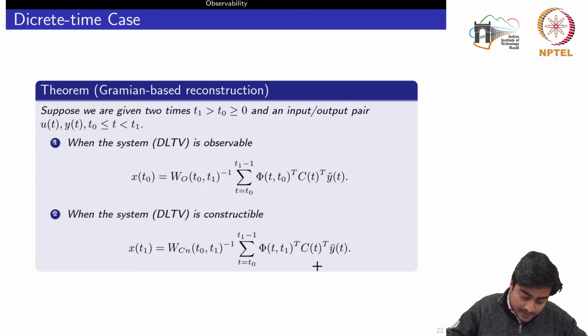Now in the discrete time case, if I want to reconstruct x of t0, this is the formula you can use if your system is observable. If your system is constructible, you can compute x of t1 using this formula, where we had seen a key use of the respective Gramians.